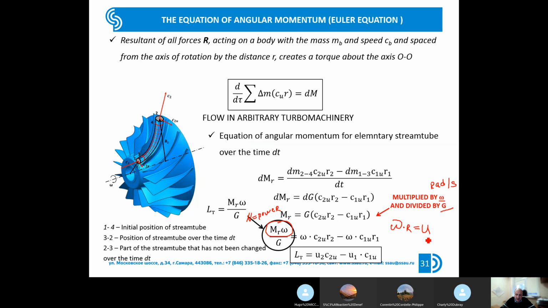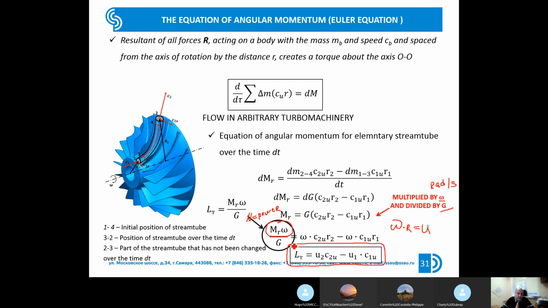That's why finally we will receive this formula, and this formula is the most useful shape of the equation of angular momentum for turbomachinery, or in other words, it's the Euler equation for turbomachinery. Okay, let's continue.